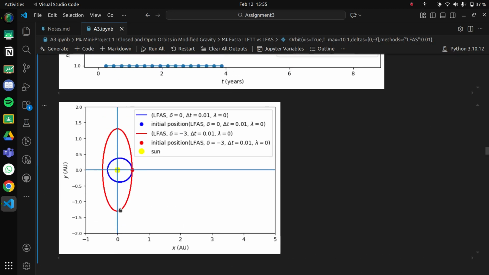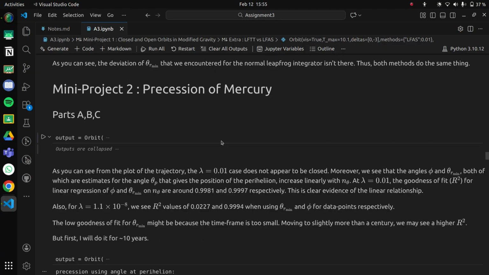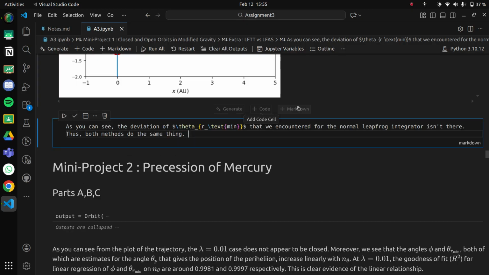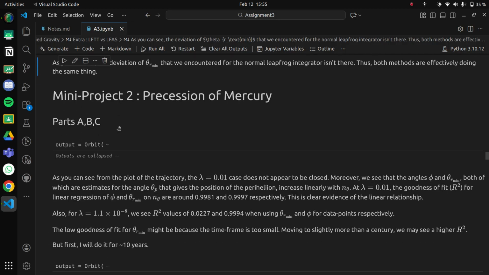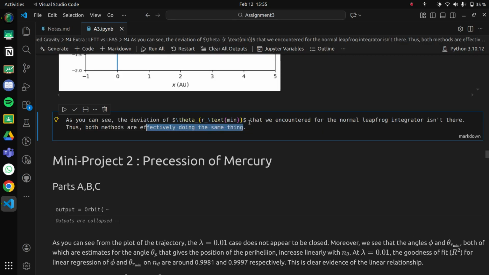So yeah. Effectively the same. I mean, both methods are comparable, similar in output. That's better. Cool.